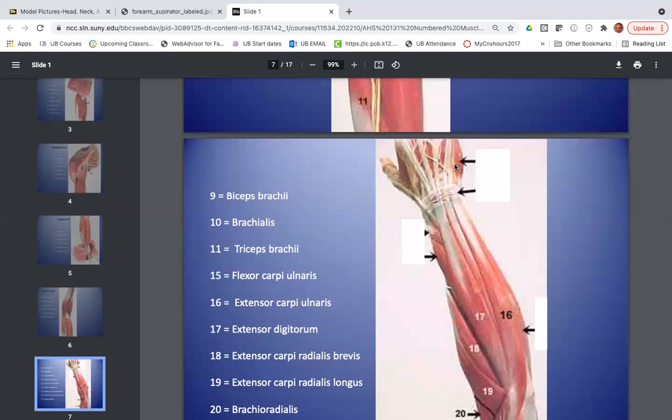So it extends the wrist, and because it's on the ulnar side, it can also ulnar deviate the wrist. So this is ulnar deviation, and that's radial deviation. Ulnar deviation is wrist adduction, and then radial deviation is wrist abduction.